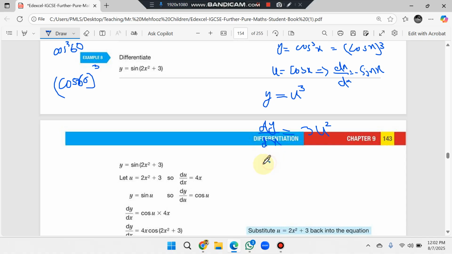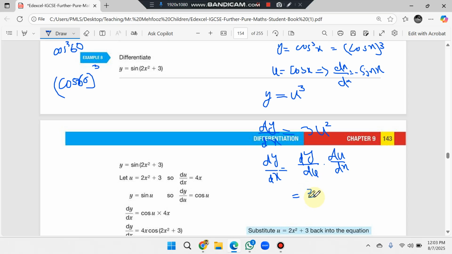Now using the chain rule, you can say that dy by dx is basically equal to dy by du multiplied by du by dx, right? We have to put these values. So what is dy by du?